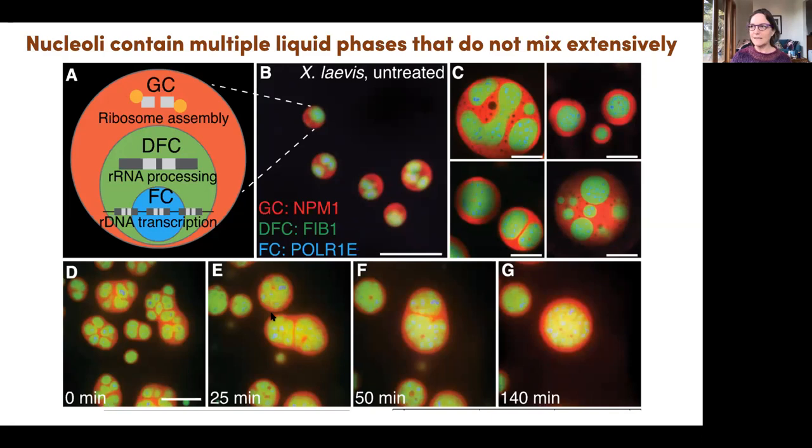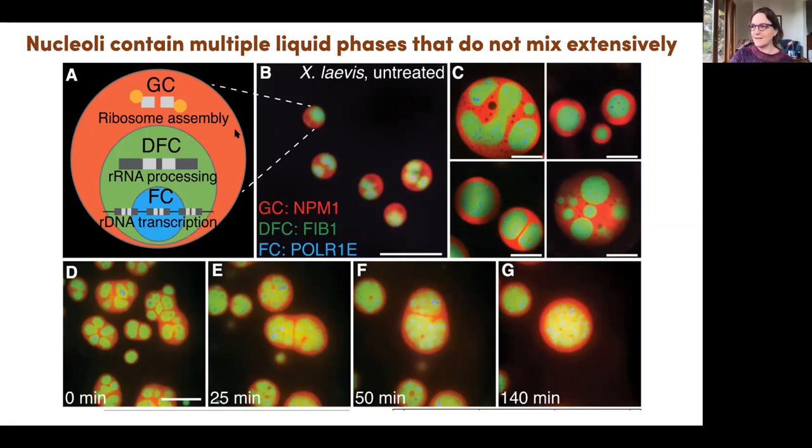It's likely that this kind of spatial partitioning allows for an efficient bucket brigade of ribosome assembly, as components move from one compartment to another to do successive stages in this assembly process.